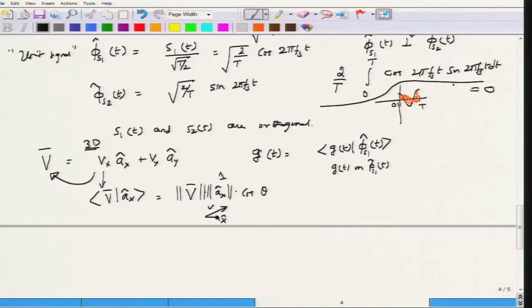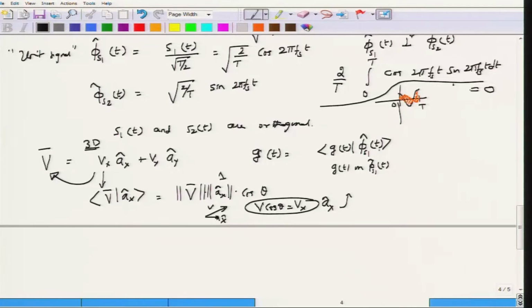This length is 1, this length is v. So what I get is v cos theta, and this is actually the length of the vector v along x direction, but this is just the length. If I want to find the vector along x, I have to multiply this one by the unit vector Ax, right.